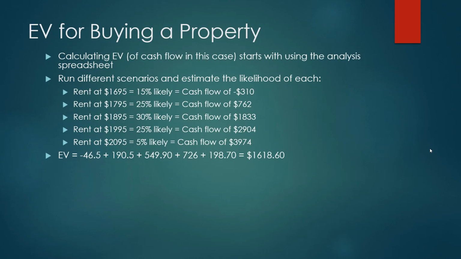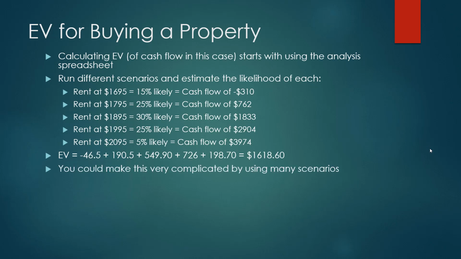So every time you make the bet of buying this property, you have an expected value of $1,618 in cash flow per year. You may well end up with a year that's negative $310 or worse. But when you made the bet based on everything you knew, your expected value was positive.